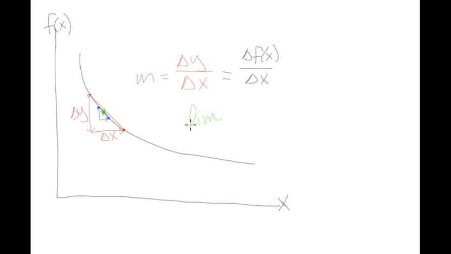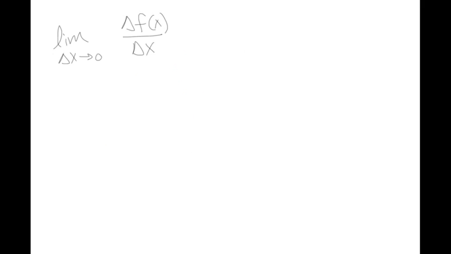So now the limit that you're taking is really a limit as delta x approaches 0 of that slope, change in f of x over change in x.